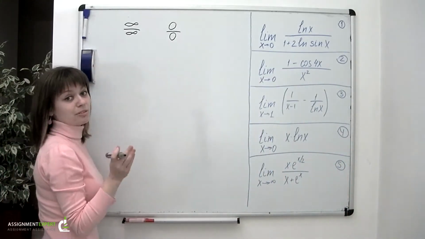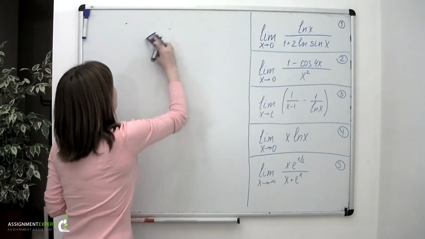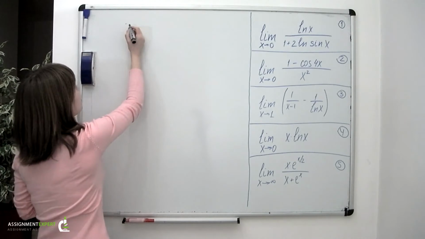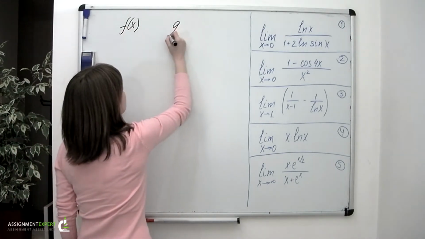First of all, a little bit of theory. Suppose you have two functions, f of x and g of x.